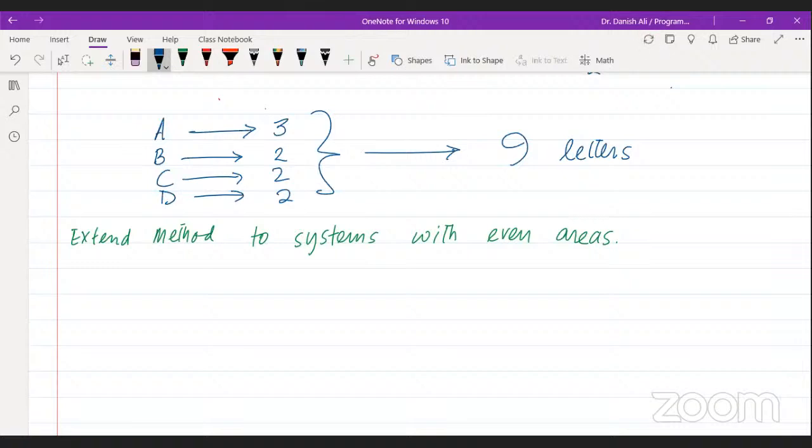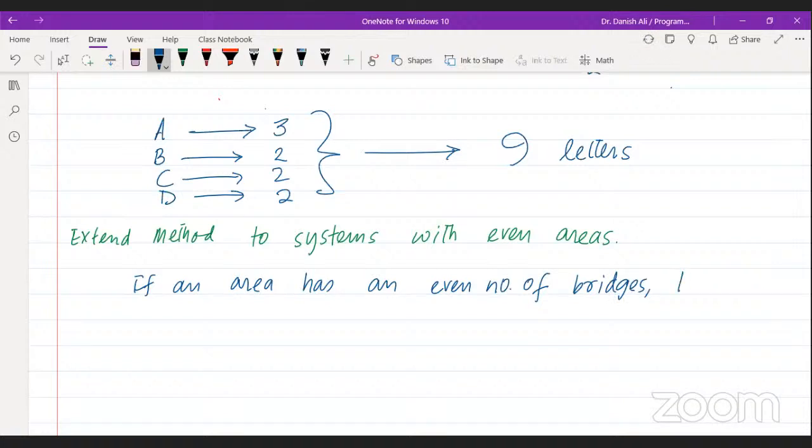So for the case of an even number of bridges, there are two possibilities. If an area has an even number of bridges, there are two possibilities. Let's explore both.